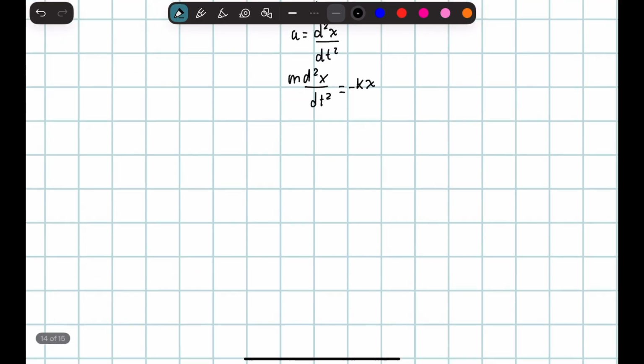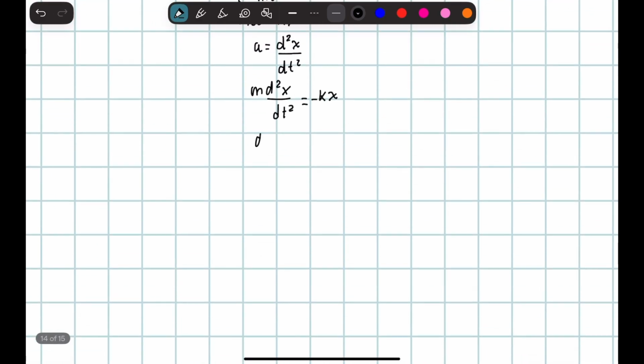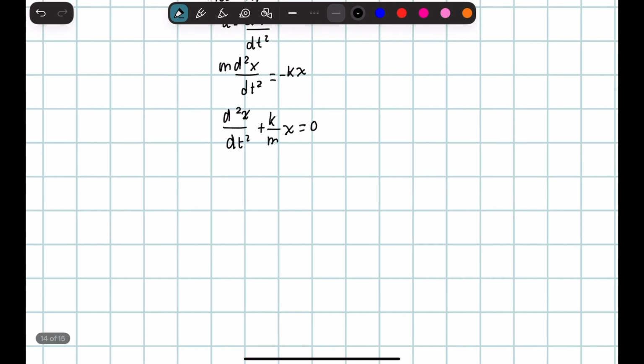Now, rearranging this to put everything onto one side, we have d squared x over dt squared plus k over m times x is equal to 0. And we can also substitute k over m. So we have d squared x over dt squared plus omega squared x is equal to 0.